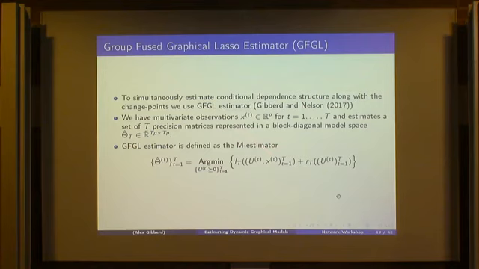So we basically have a block diagonal model space, Tp by Tp. This estimator, which we term the GFGL estimator, or group fused graphical lasso estimator, has a loss function and a smoothing penalty, which we want to minimize over the set of positive definite matrices.